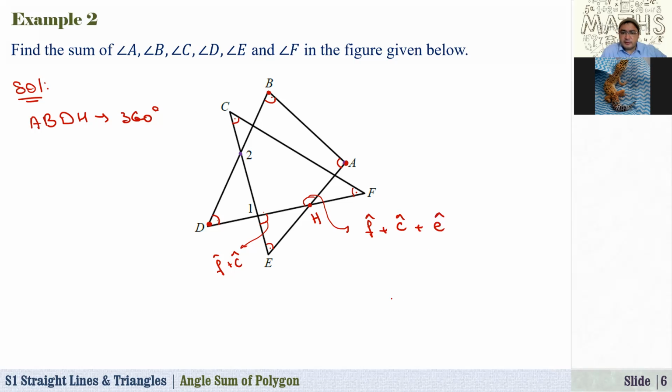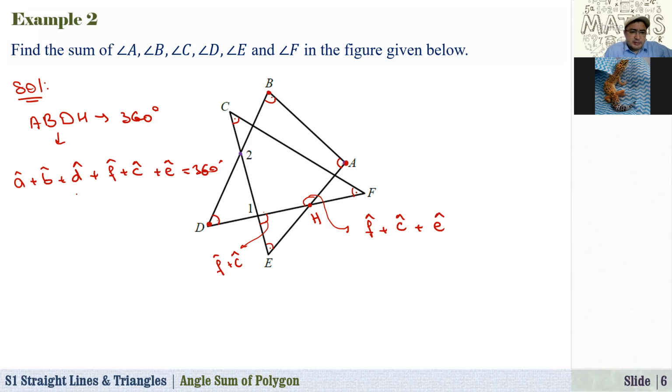Since this is 360 degrees, that is angle A plus angle B plus angle D plus angle H, and angle H is angle F plus angle C plus angle E, that is equal to 360 degrees.